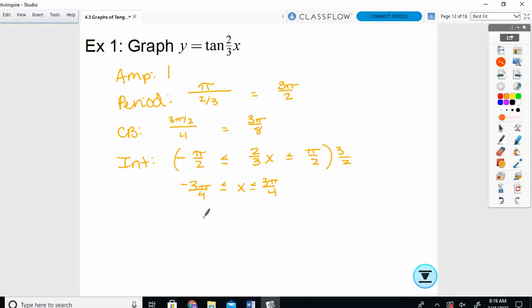So we get negative 3 pi over 4 less than or equal to x less than or equal to positive 3 pi over 4.